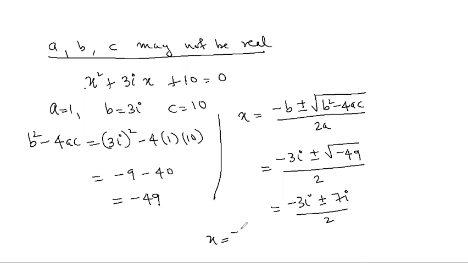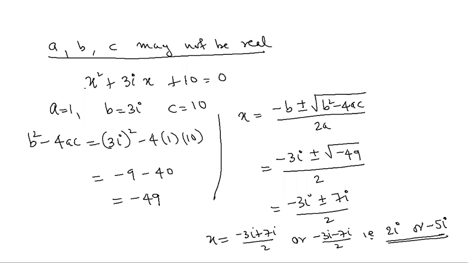So there are two possibilities. First, x becomes minus 3i plus 7i upon 2, that is 4i upon 2, which is 2i. Or second case, minus 3i minus 7i upon 2, that is minus 10i upon 2, which is minus 5i.